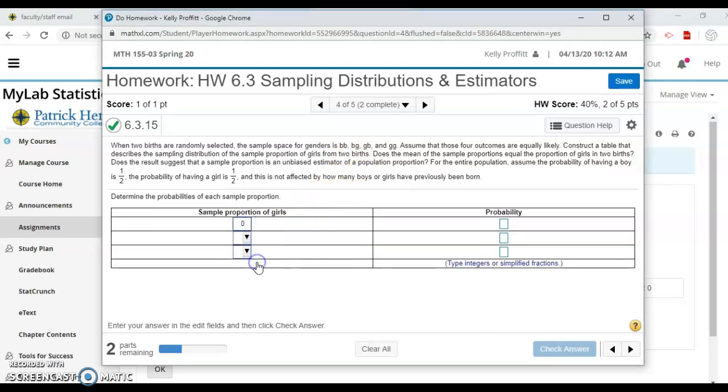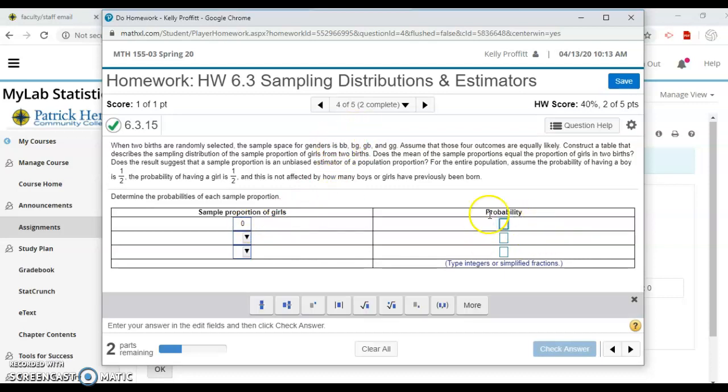Well, that would be 0. So in this first situation, you have 0% girls. You just have 2 boys. And what's the probability of that happening? Well, 1 time out of 4 scenarios. So that would be a 1 in 4 situation, or a 0.25 probability.